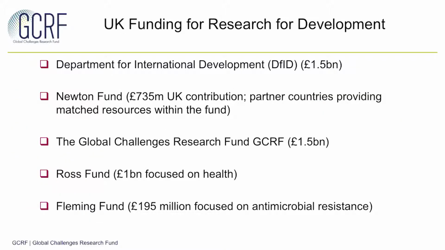As a consequence of this, there's a broad range of activity across the UK, including a number of different funds and sources of ODA monies, some of which are focused on research and some less so. But the two most important here from a Research Council perspective are the Newton Fund and the Global Challenges Research Fund.